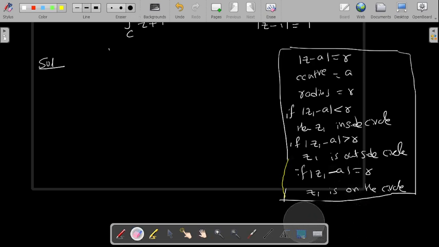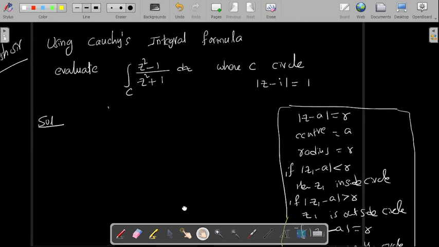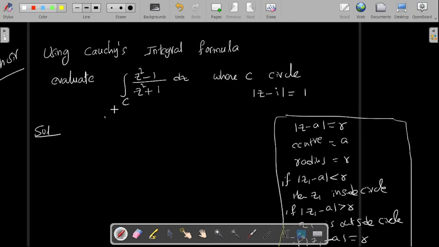So now we'll go for the problem. Given problem, integral C of z square minus 1 by z square plus 1 dz.